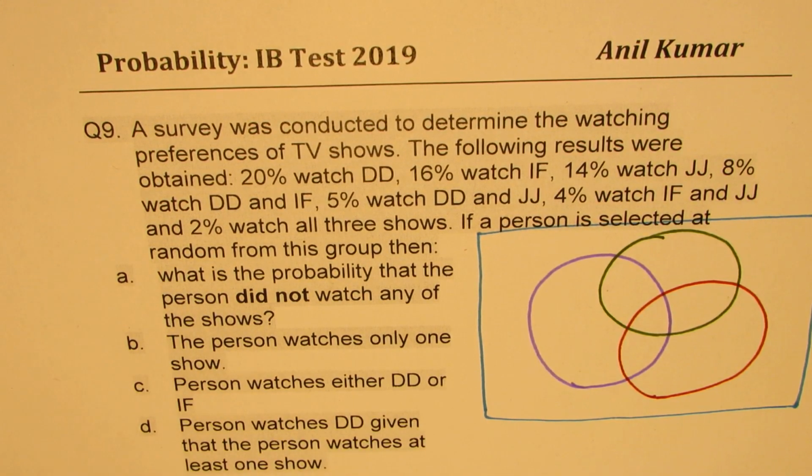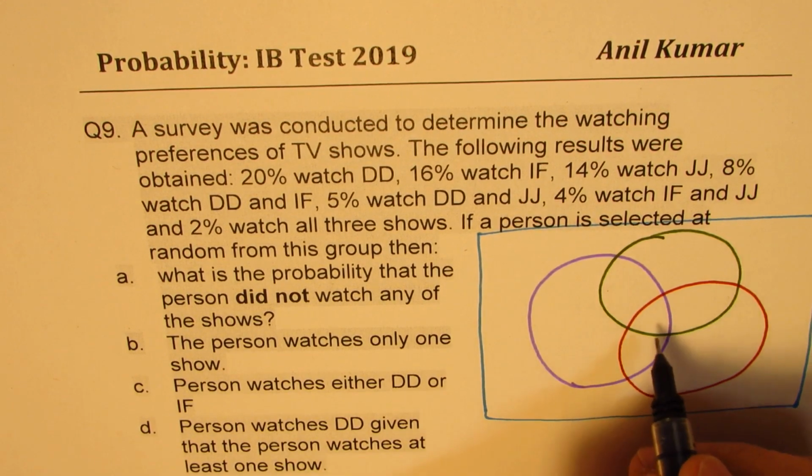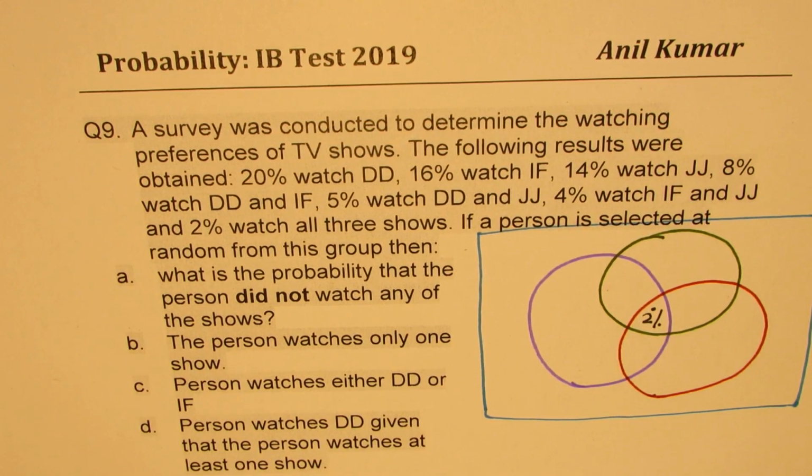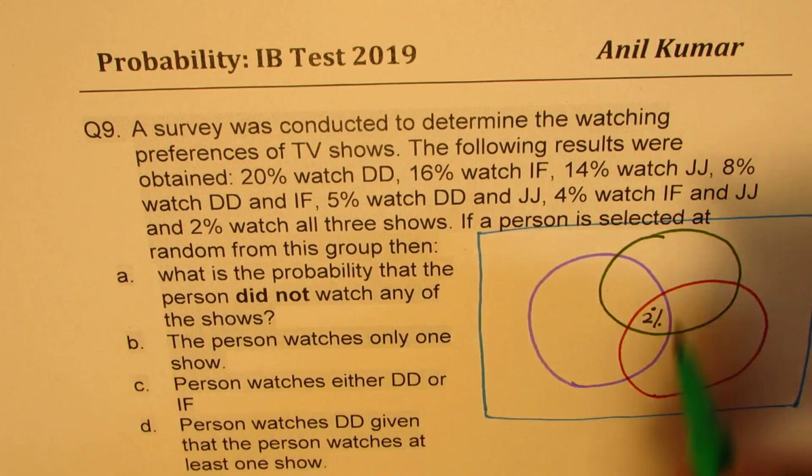3 shows is 2%. So we'll just write numbers and 2%, which is right there, 2%, which means 0.02, right? So that is the intersection of all. Now we are saying this is DD for us, okay.